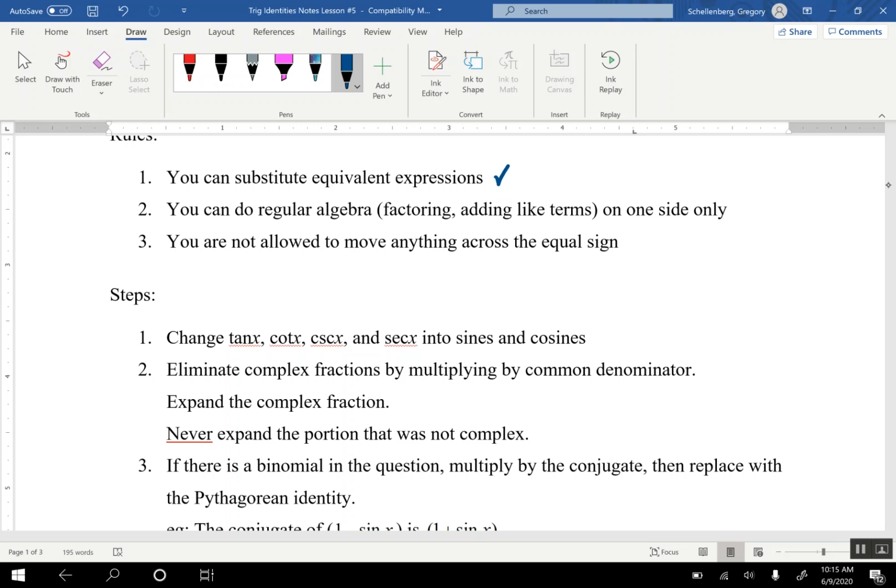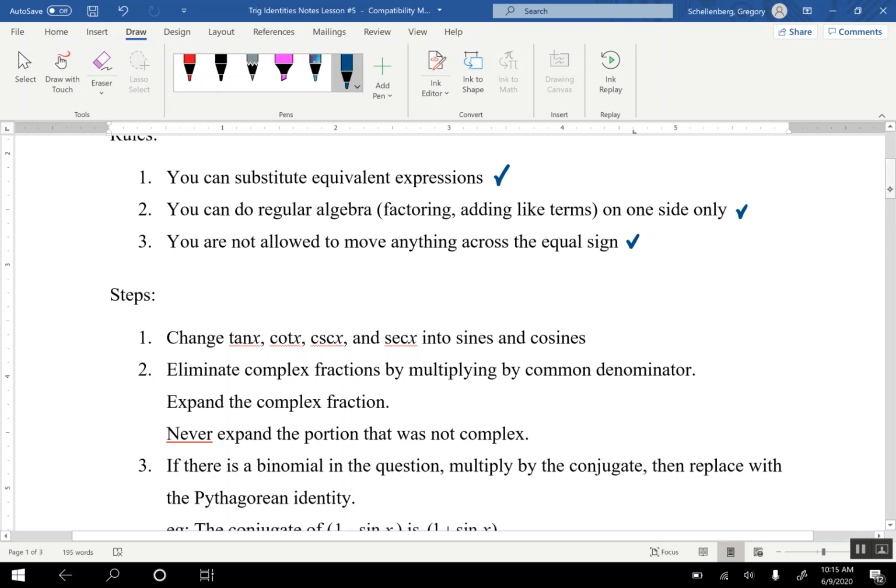We can do regular algebra, so we can factor, we can add like terms, but we can only do this on one side of the equation. And finally, you are not allowed to move anything across the equals sign.